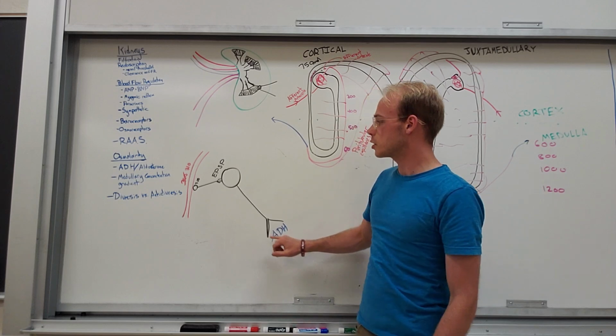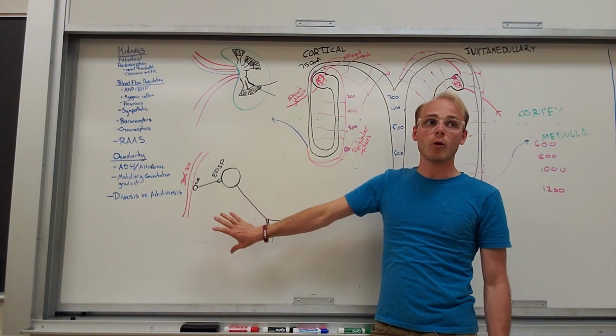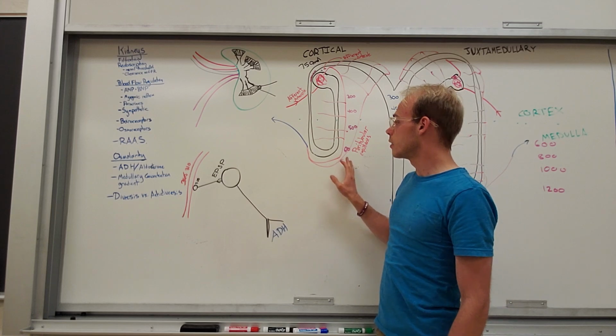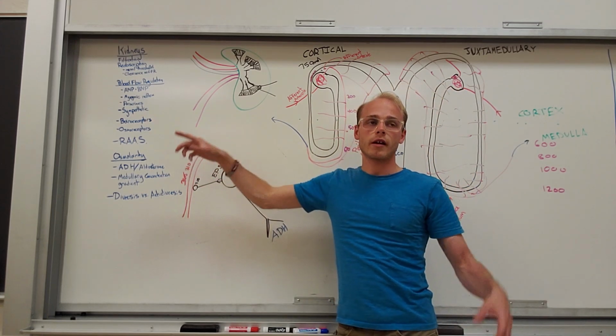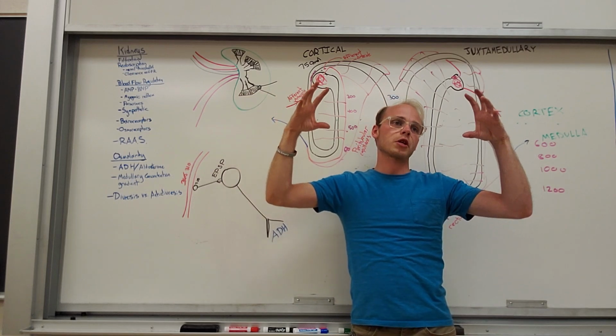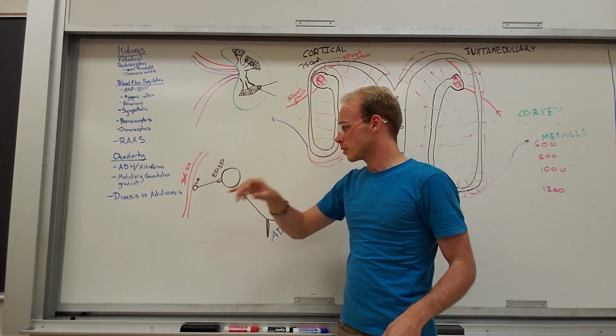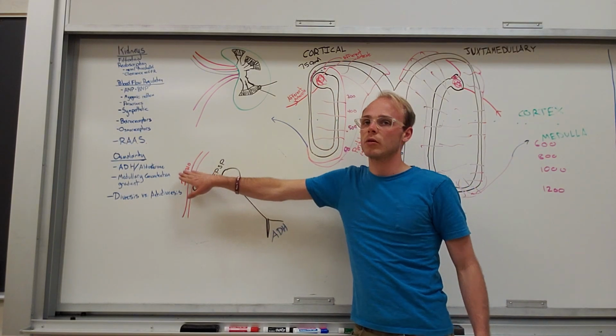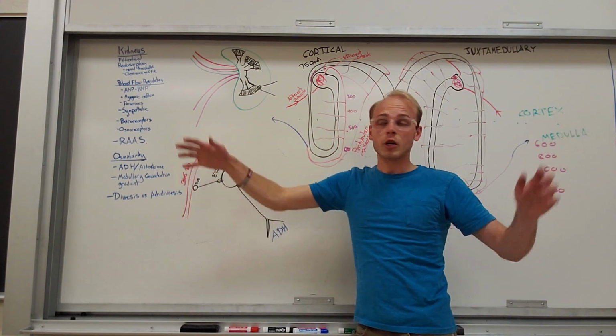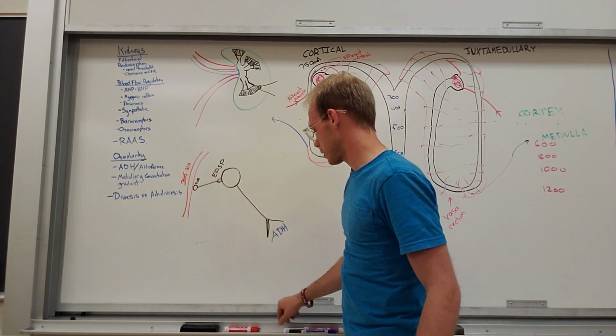ADH is going to pull more water into the blood and therefore decrease the osmolarity. Makes sense. And bring the solute concentration back to what it should be. And then if this gets too low, this sends less ADH, this will increase. Cool. So that's our osmoreceptors.